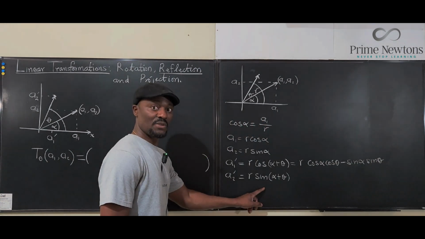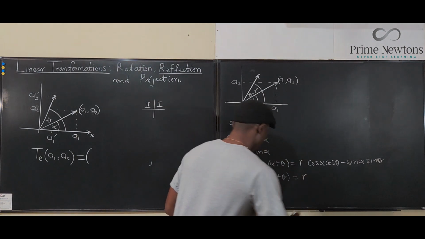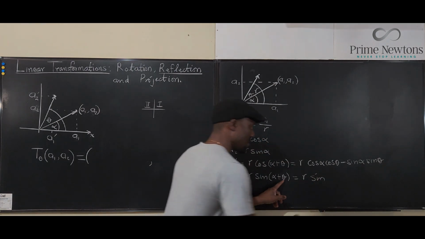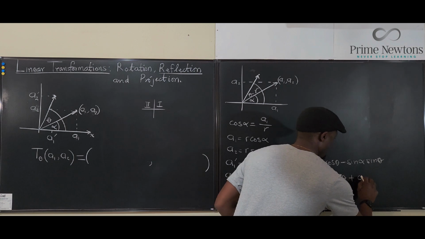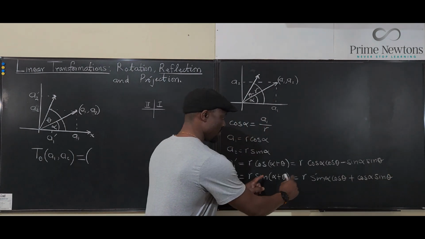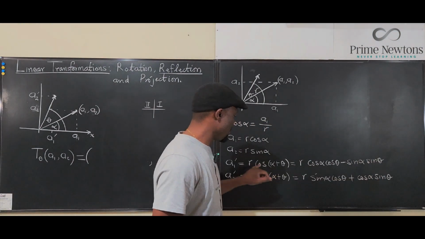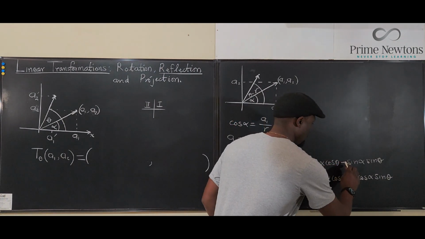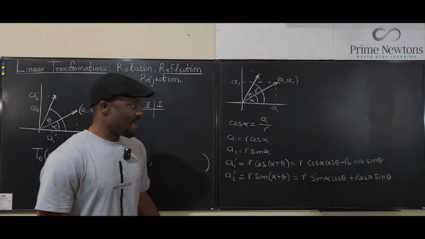If you do the same for sine, the angle sum formula is sine alpha cosine theta plus cosine alpha sine theta. This is supposed to be in parentheses, but I didn't put the parentheses because I want to distribute this R. I already gave this guy an R. This guy also needs an R. So let's put R here. Okay, so everybody has an R.